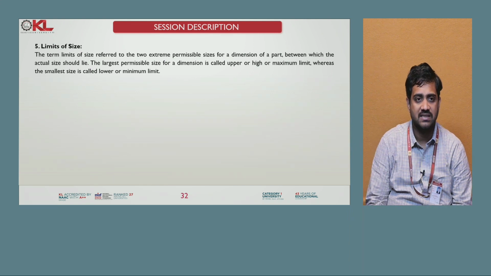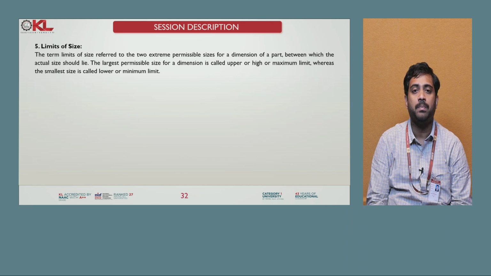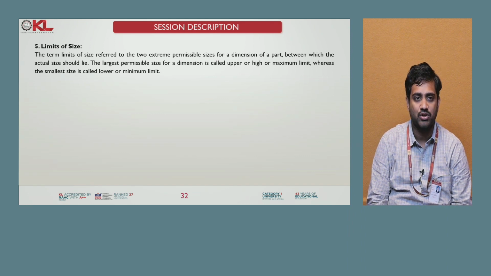Limits of size. The term limits of size refers to the two extreme permissible sizes for the dimension of a part, between which the actual size should lie. Take any particular part which has two extreme permissible sizes.